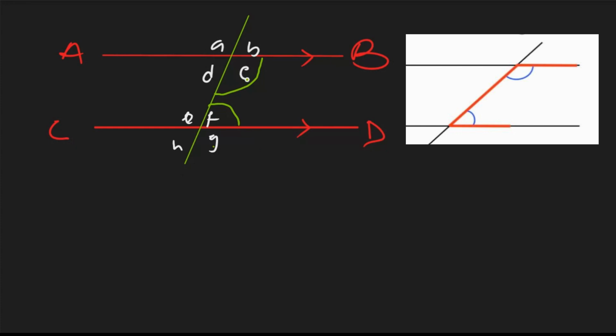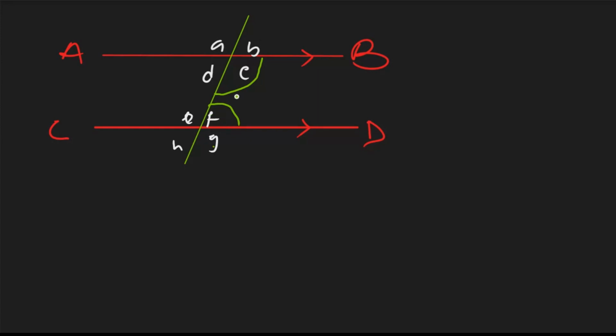So when you take this C, this angle F is next to this angle C, or you can also say that angle C is next to angle F in terms of the interior angles. So we say they are consecutive interior angles. And what's the connection between these two angles? When you add the two angles, you're supposed to get 180 degrees.